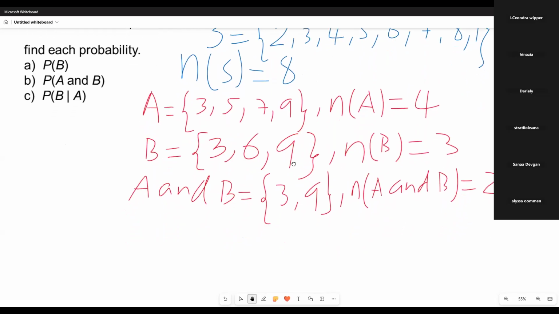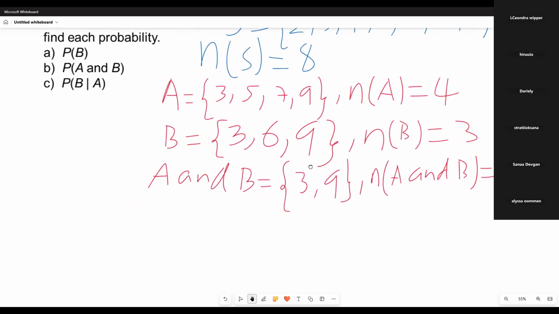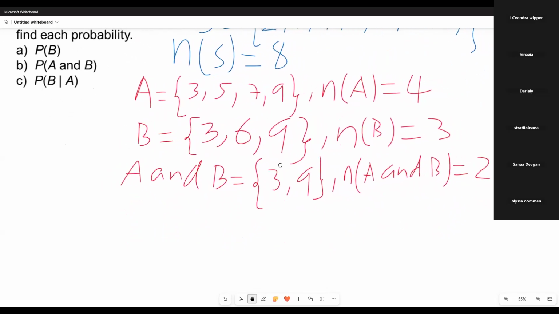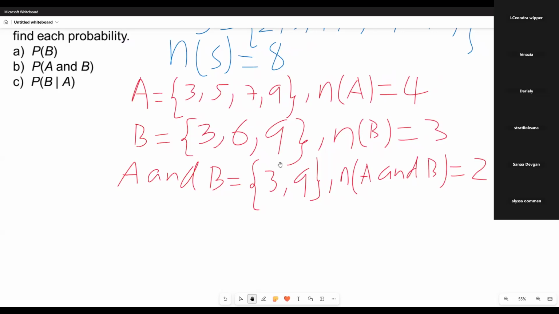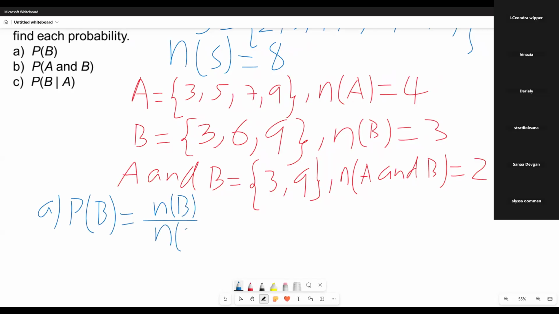The first one, they ask you to find P of B. P of B will be n of B over n of S. n of B is 2 over 8. n of S is 8.